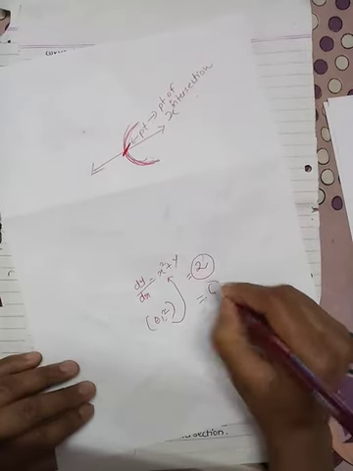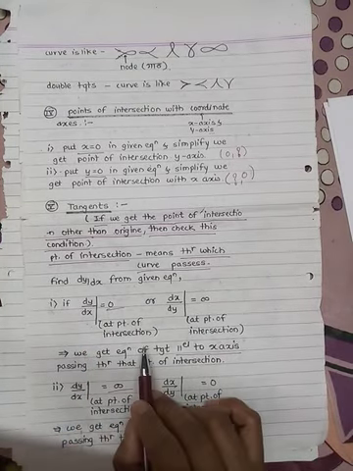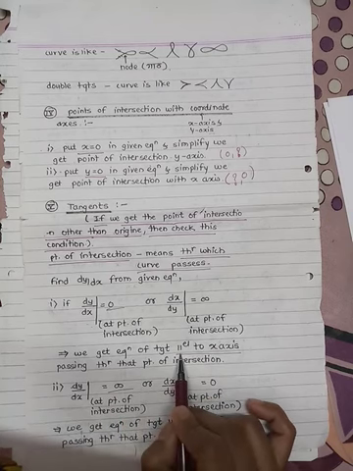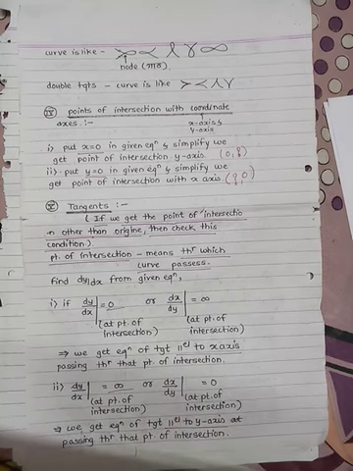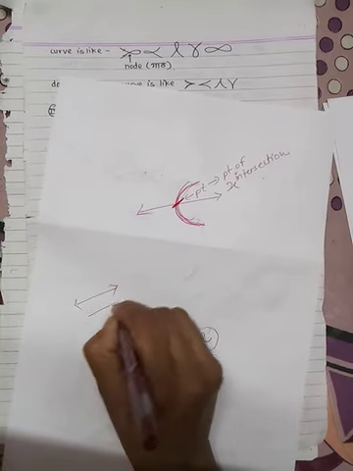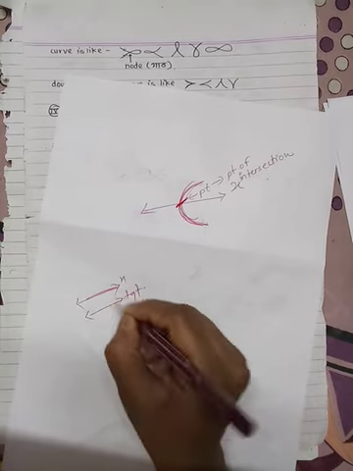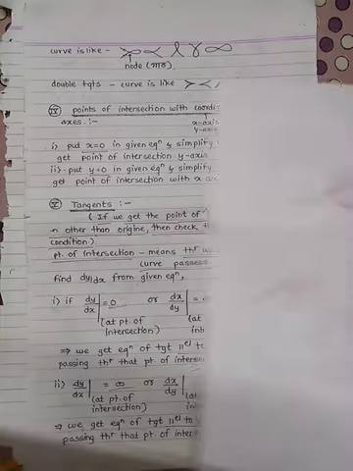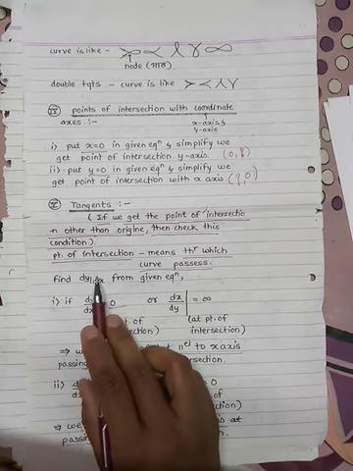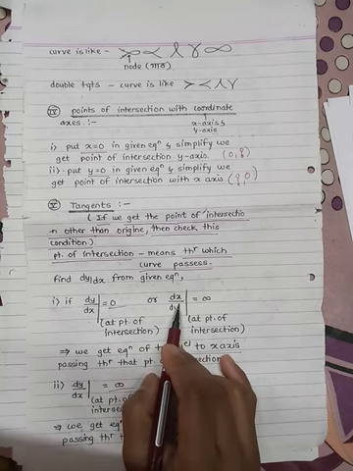So if we get the value 0, then we conclude that we get the equation of a tangent which is parallel to the x-axis. So this is your x-axis, and this is your tangent which is parallel to the x-axis. If it is not possible to find the dy by dx term, then find the dx by dy term also.